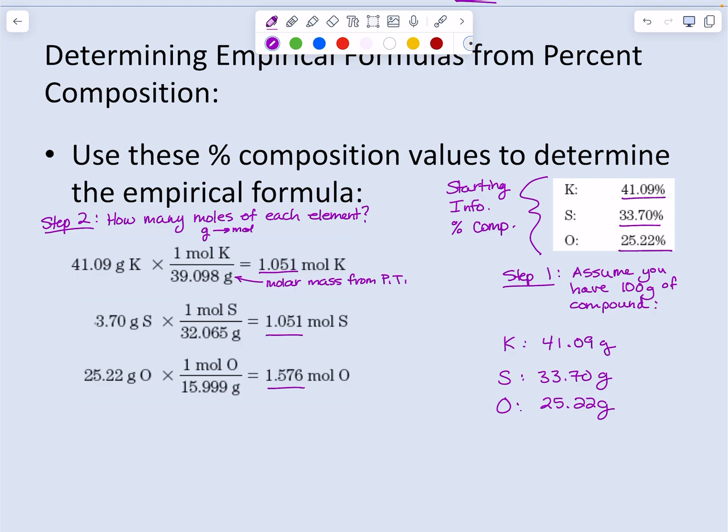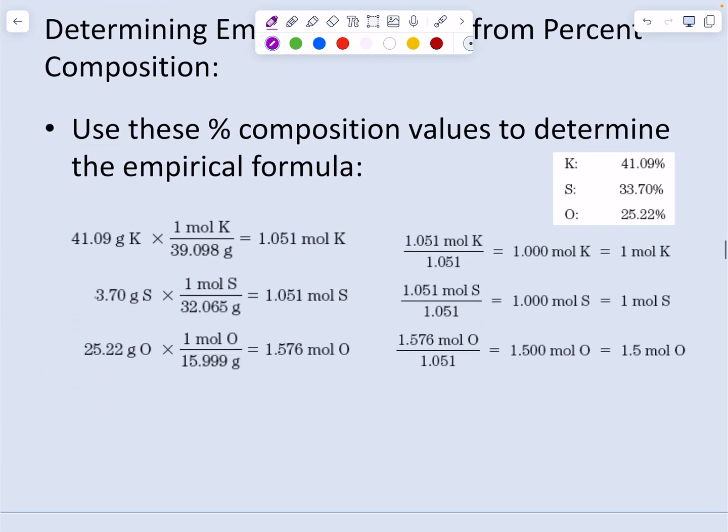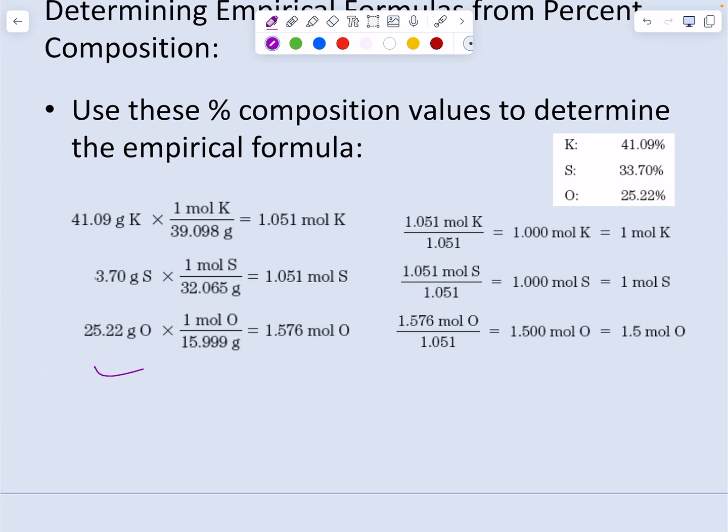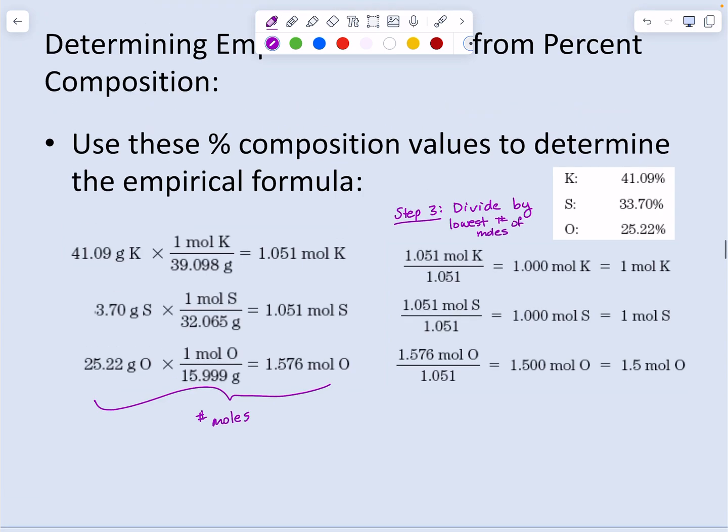So what we then do is step 3. We figured out the number of moles, and step 3 is to divide by the lowest number of moles. The reason we do that is we want to get to integers.